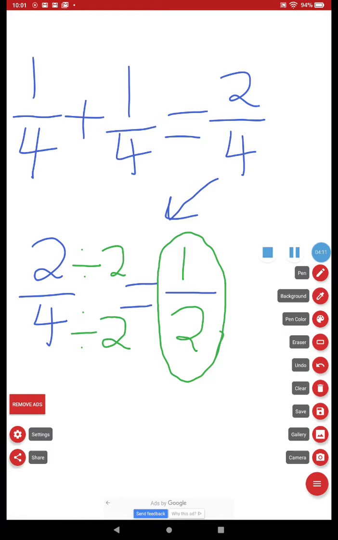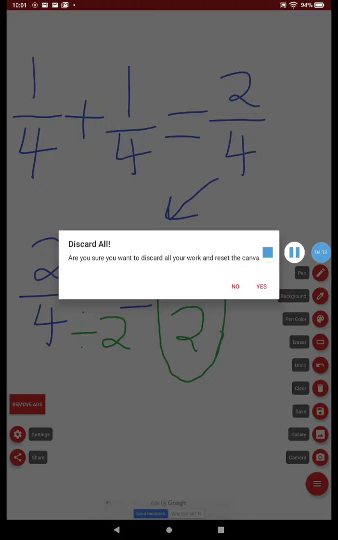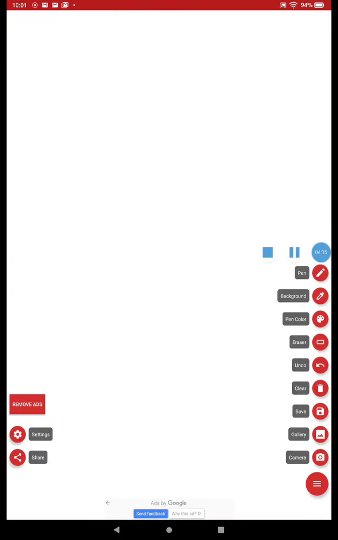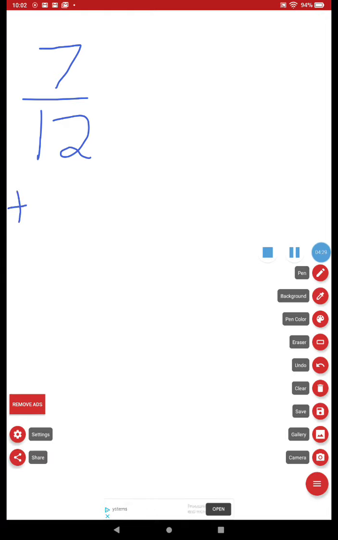Let's do that one more time. You're going to see on your assignment fractions that look like this. 7/12 plus 1/12. If you want to rewrite it so that they're side by side, that's fine, but you don't have to.